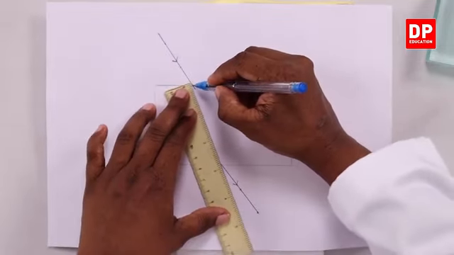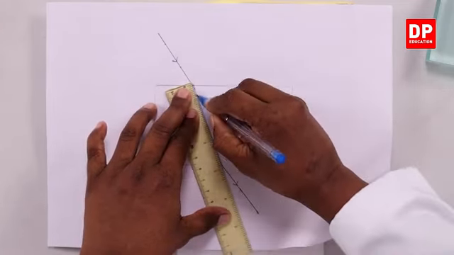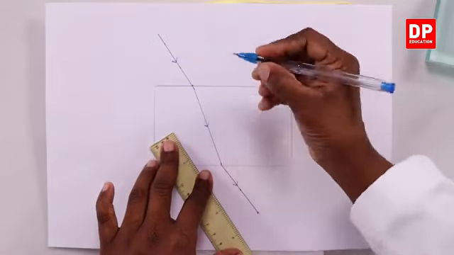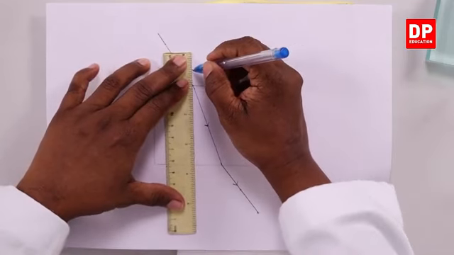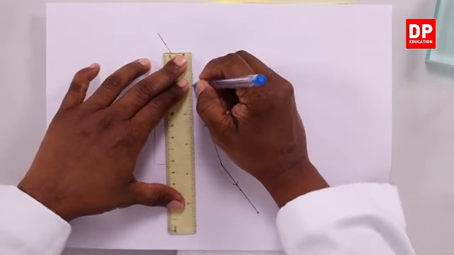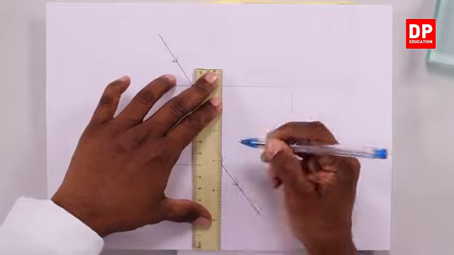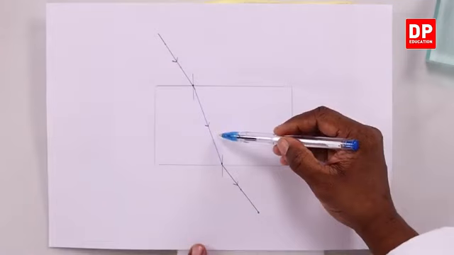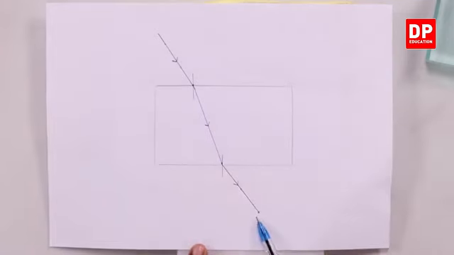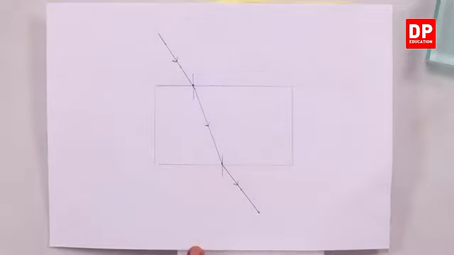Then if I connect these 2 points, that will be the refracted ray, and here at the point where the incident ray and the refracted ray touch each other at the interface, we have the normal, and again here the other normal line. So here this is the incident ray, this is the refracted ray, and that is the emergent ray. And if you observe closely, you will see that the 2 rays are parallel to each other.